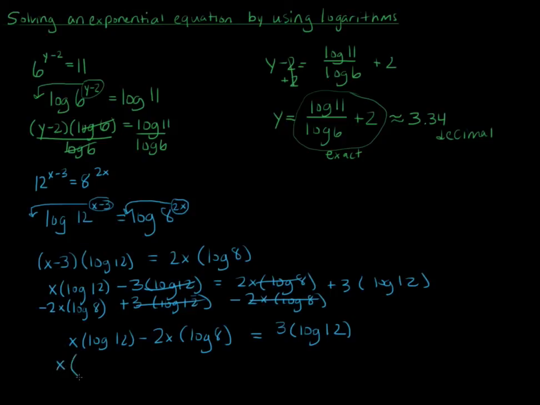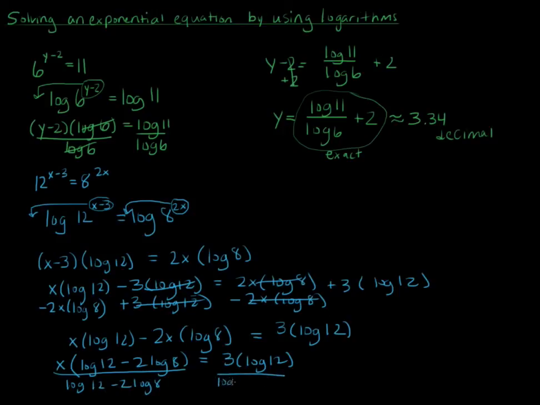So we have x times log 12 minus 2 log 8, and that is equal to 3 log 12. Then we can divide both sides by log 12 minus 2 log 8.